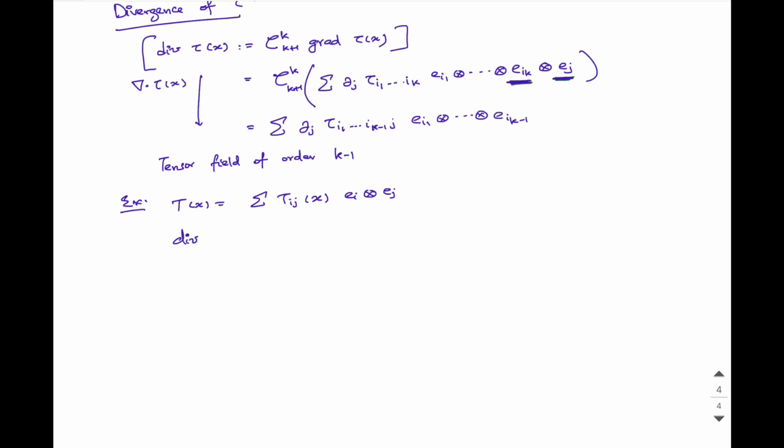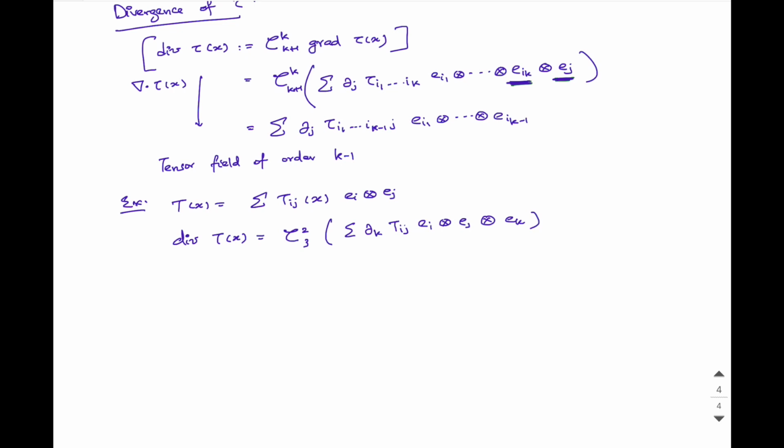Following the definition of divergence, the divergence of T at the point x is the contraction of the second and third indices of the gradient of T, which we saw earlier as partial_k T_ij e_i tensor product e_j tensor product e_k. Of course the second and third indices have to be contracted, so that immediately tells you this is nothing but the summation over j of partial_j T_ij e_i.